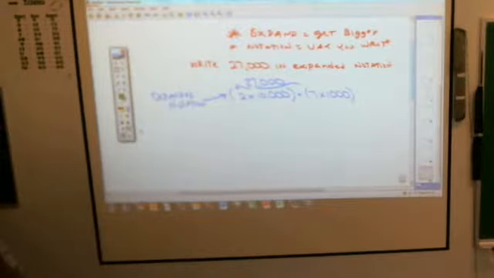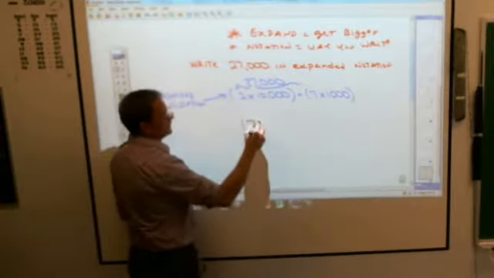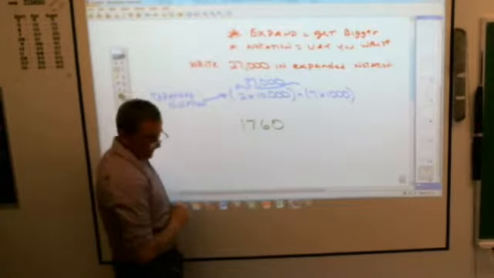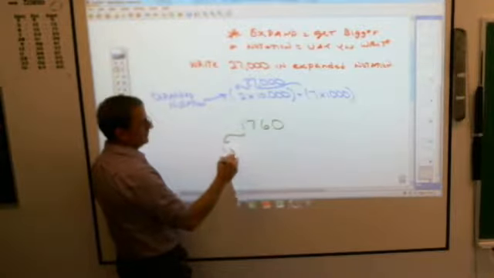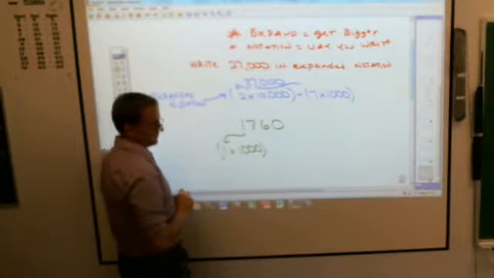So here's another example. Let's say you have 1,760. If you're writing it in expanded notation, there is a 1 in the thousands place. Make sure you put those parentheses in there.